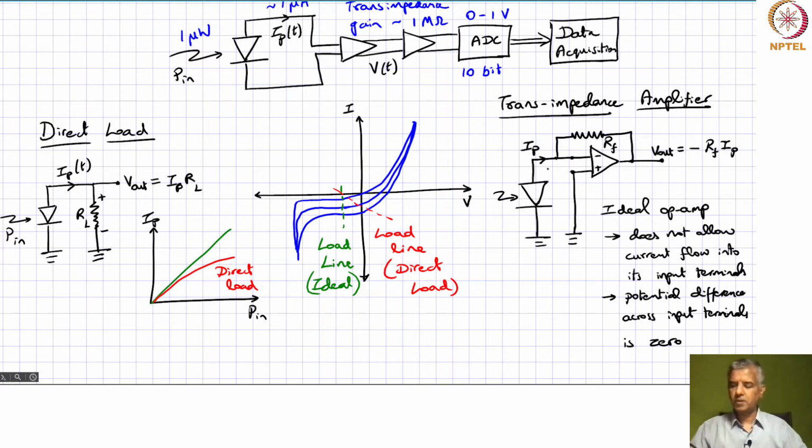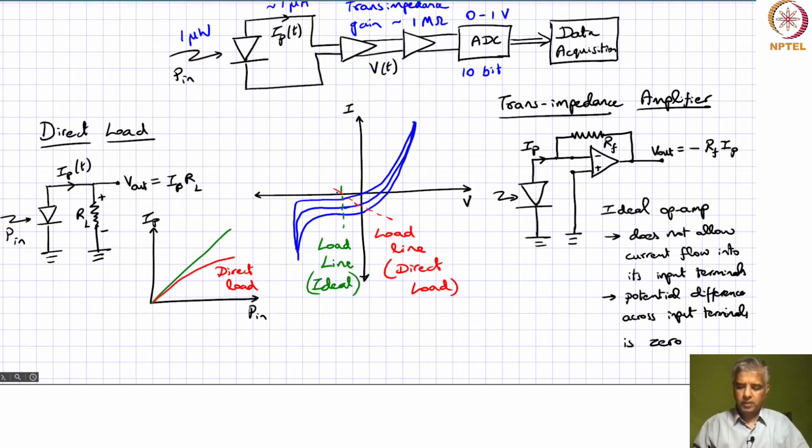It's minus because it's connected to the negative feedback terminal. So you get an output corresponding to minus RF multiplied by IP.